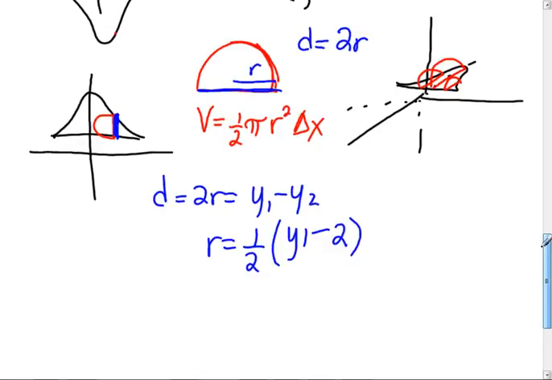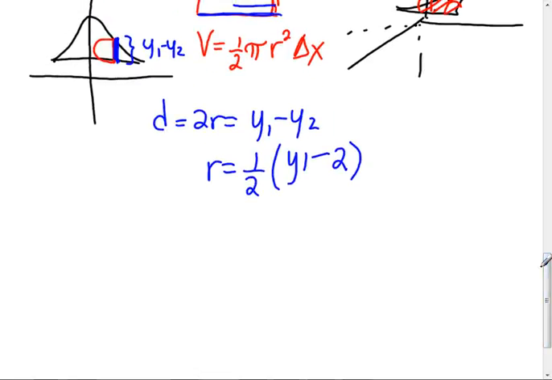This is the diameter, this length. It's the diameter of my protractor. So the length of this segment is y1 minus y2. And you always call the higher point y1, because I want the distance to be positive, right? Because distance is positive.